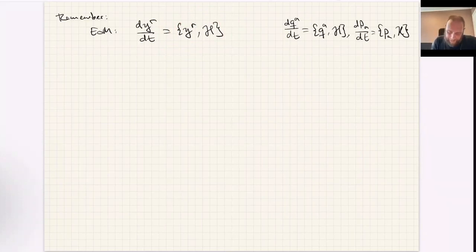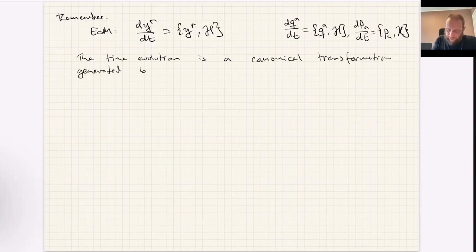But this means that the time evolution is a canonical transformation generated by the Hamiltonian, and where the transformation parameter is time itself.